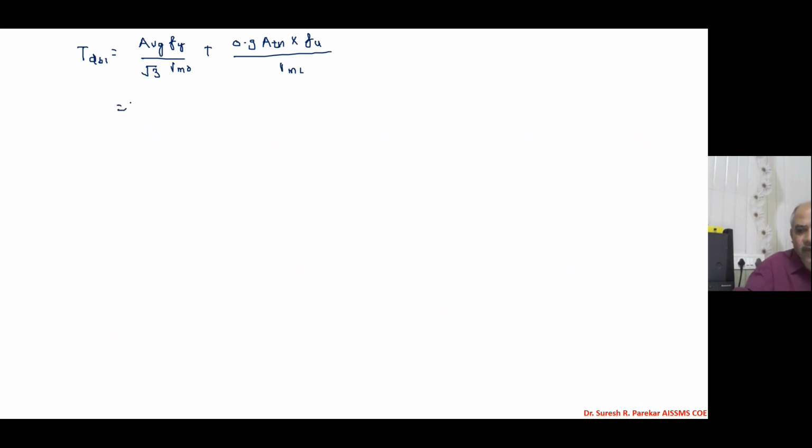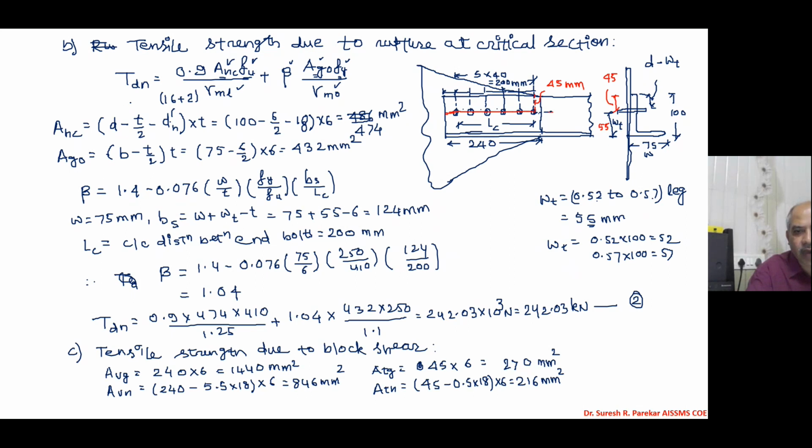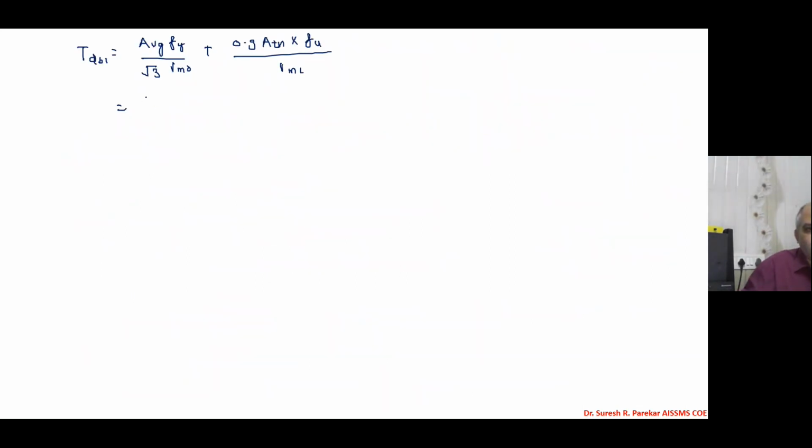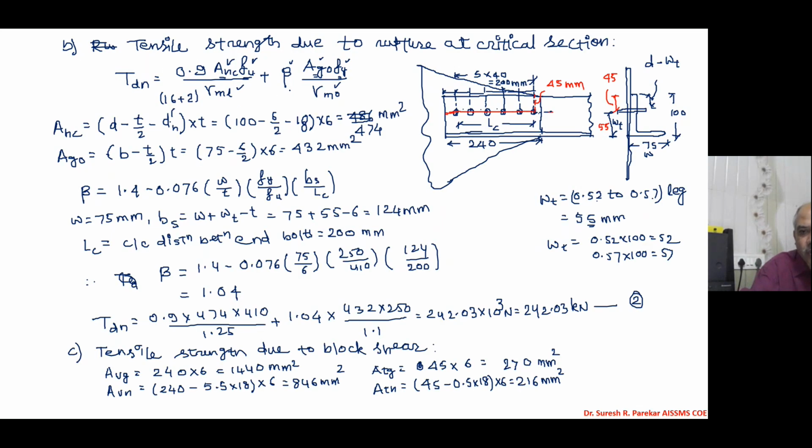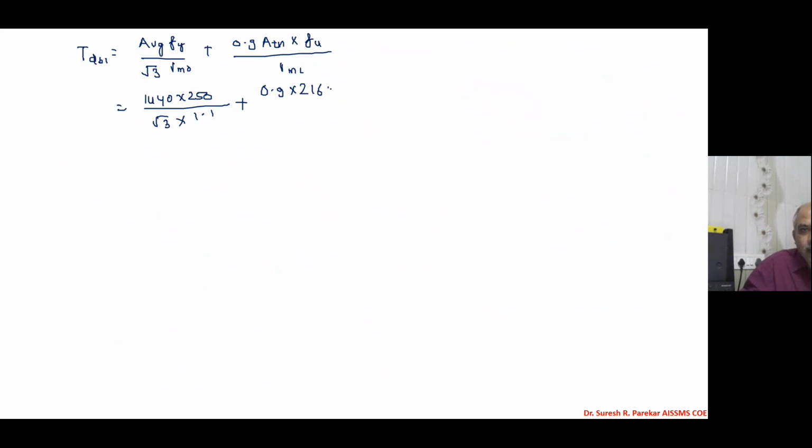Substituting, AVG is 1440 into 250 upon root 3 into 1.1 plus 0.9 into ATN, which is 216, into 410 divided by 1.25.